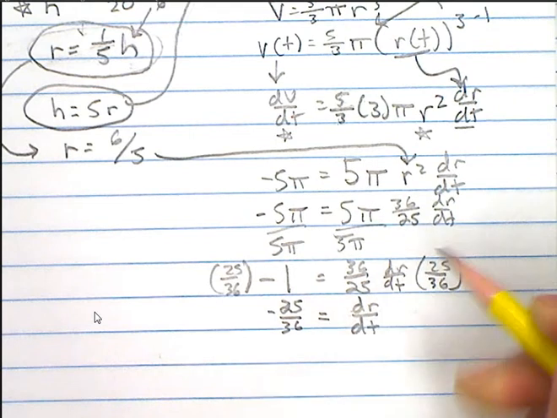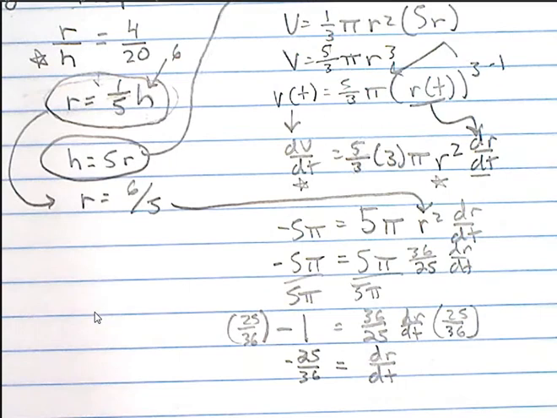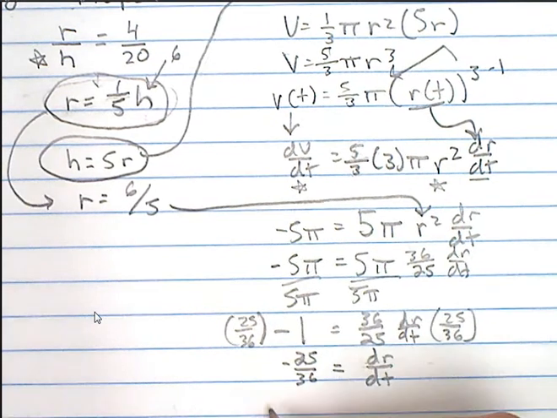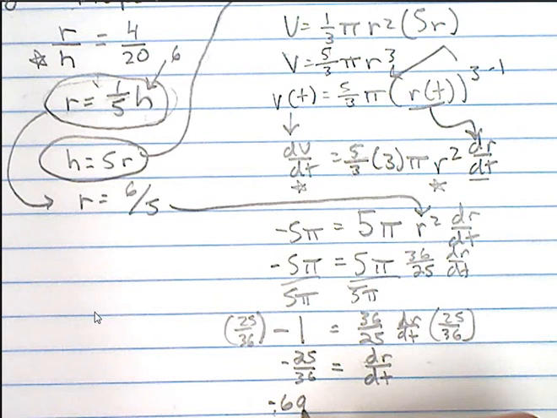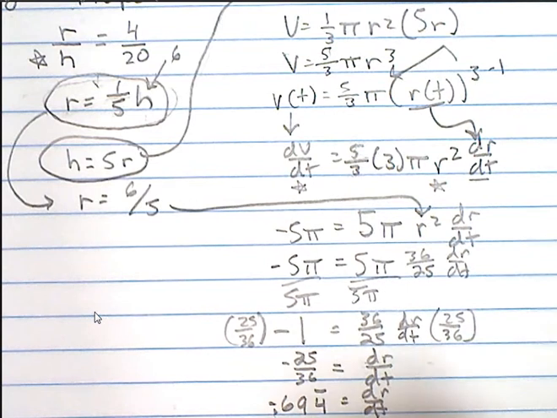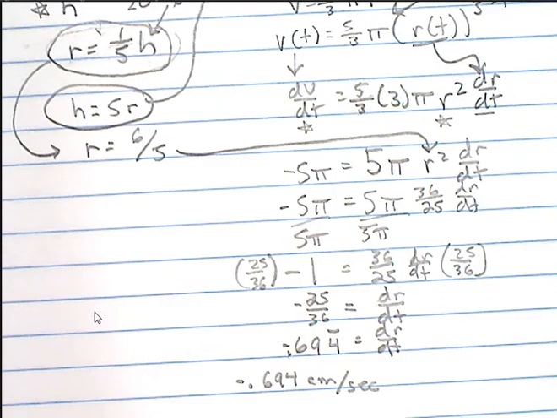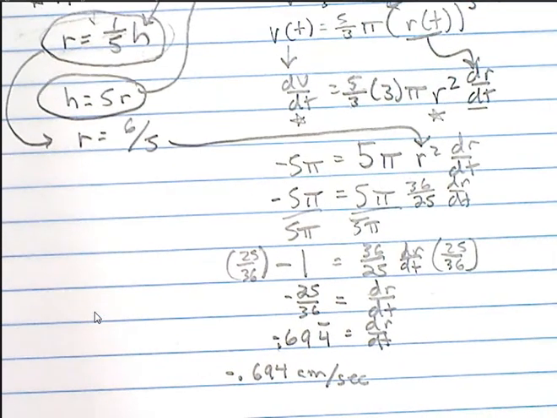And when I divide that out, I get negative 0.694 repeating equals dr dt. And that means the radius is decreasing at a rate of negative 6.94 centimeters per second.